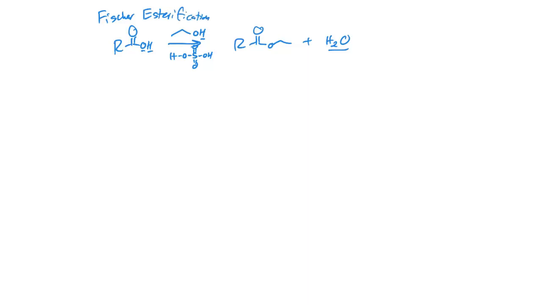The mechanism is well laid out in your book, but I'm going to show that here. This is a fun with acid problem, as you hopefully noticed from me drawing sulfuric acid as the catalyst. So the first thing you should do is to protonate your electrophile and make it a better electrophile.